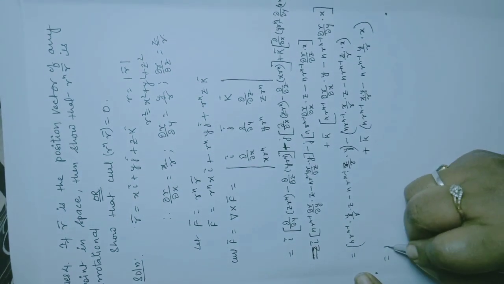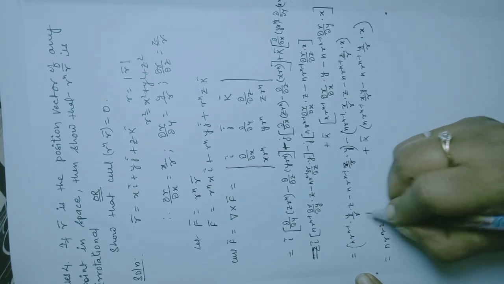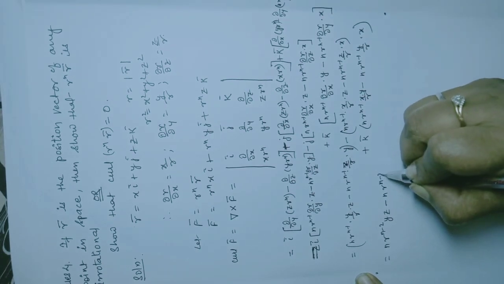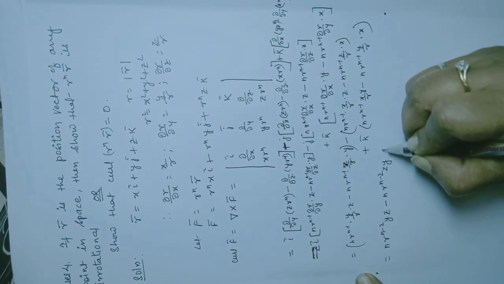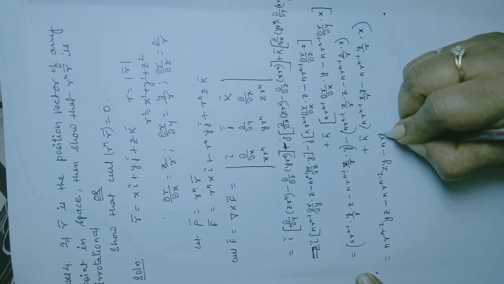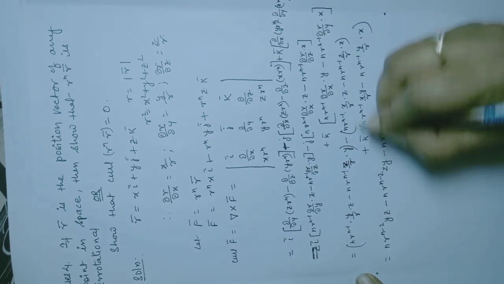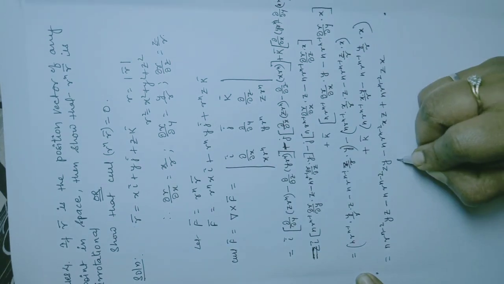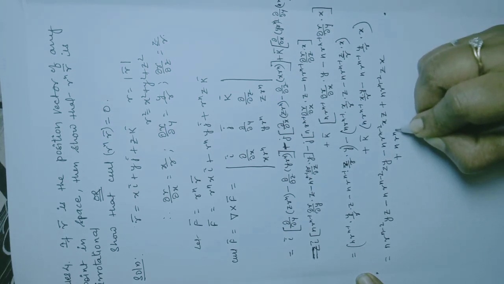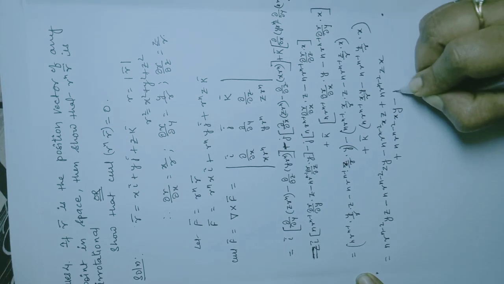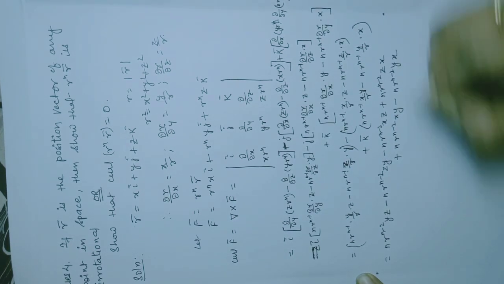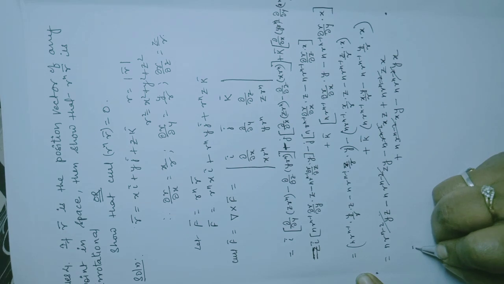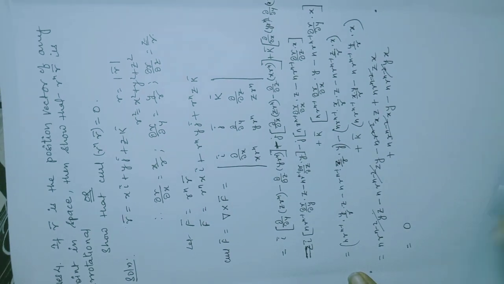So further solving, this becomes n r to the power n minus 2 into yz minus n r to the power n minus 2 zy, minus n r to the power n minus 2 xz plus n r to the power n minus 2 zx, plus n r to the power n minus 2 xy minus n r to the power n minus 2 yx, which are all the opposite terms. So this becomes equal to 0.